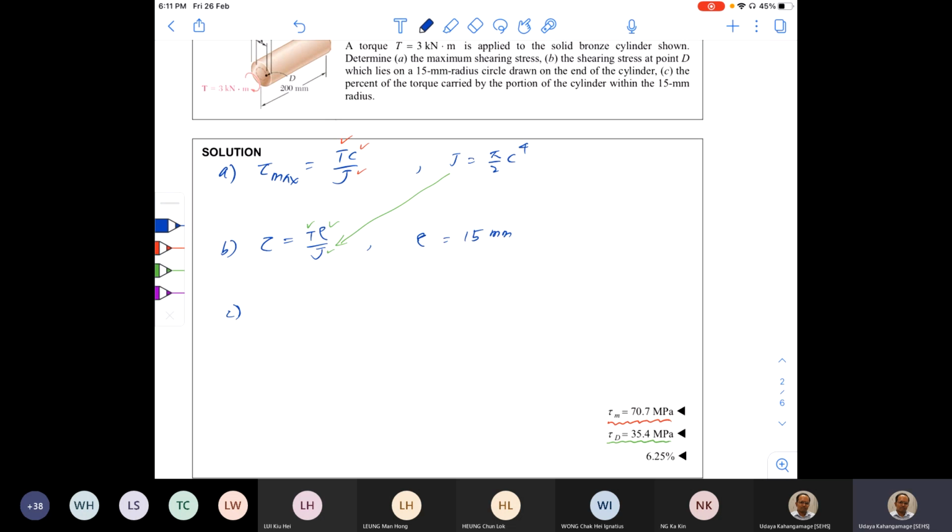So we take the inner core, where the radius is 15 millimeters. We take a cross section like this, and here the diameter is 30 millimeters.